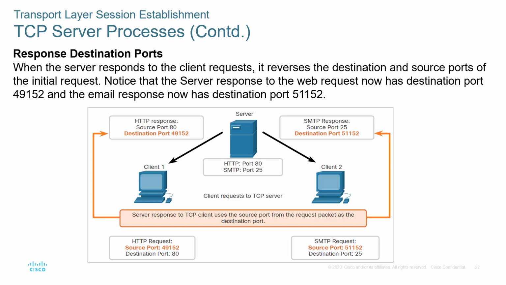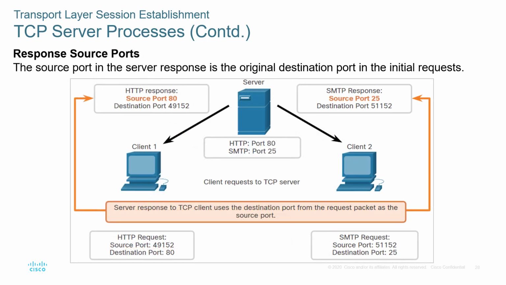It will take whatever source port was originally there, and that's going to become the destination port. And then the source port from the server perspective will be port 80 or port 443 or port 25, or whatever the original destination port is. It basically flips them so that communication can go back to the original source. The original destination port becomes the new source port.